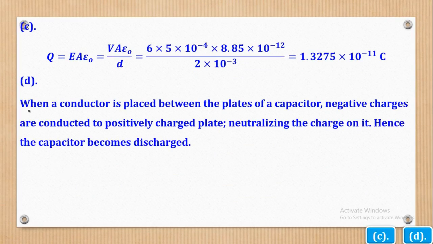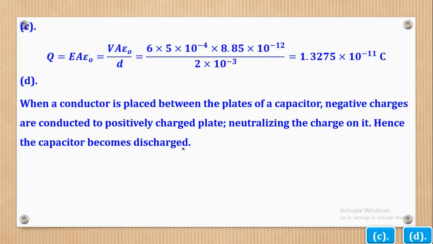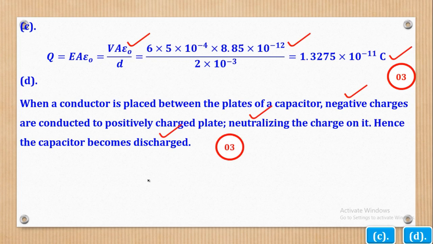So you say that when a conductor is placed between the plates of a capacitor, negative charges are conducted to the positively charged plate, neutralizing the charge on it, and hence the capacitor becomes discharged. So that is how marks would be awarded.